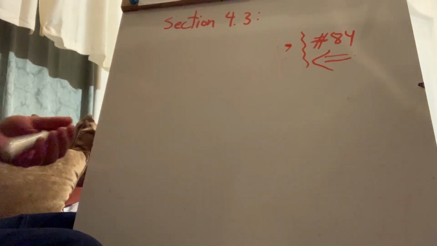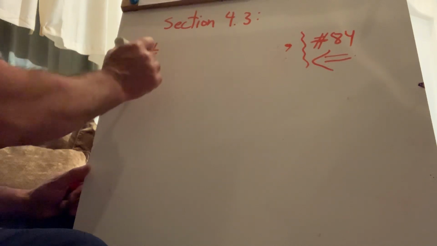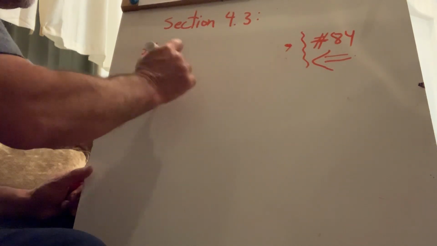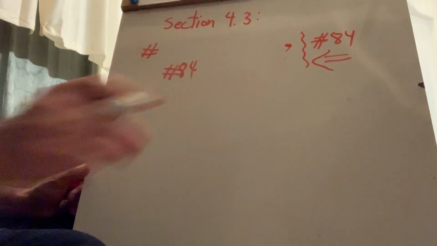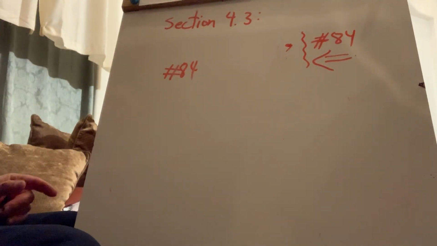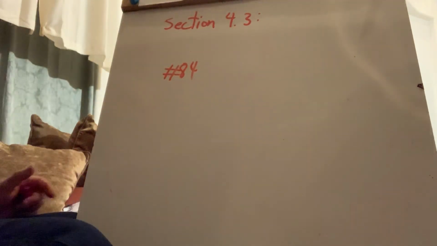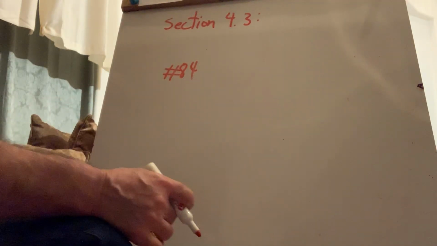So I'm just going to go ahead and move it over here. This is number 84. Let me write it over here, number 84. Okay, so let me write the expression, then I'll see if we can agree with how we're going to do it.